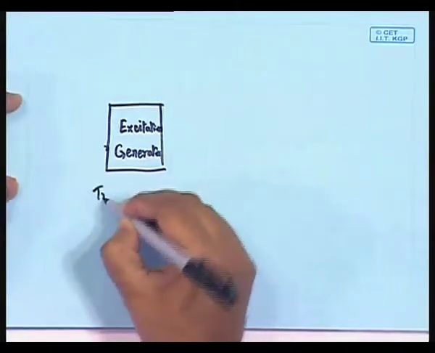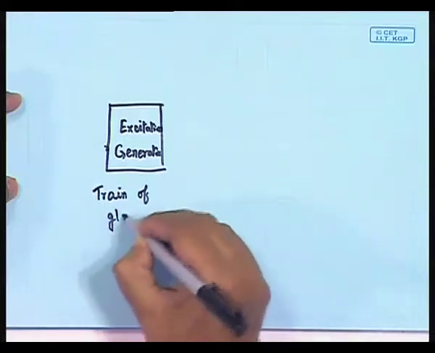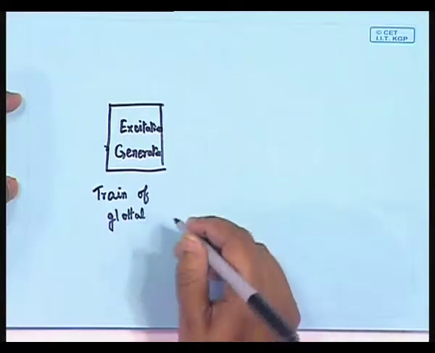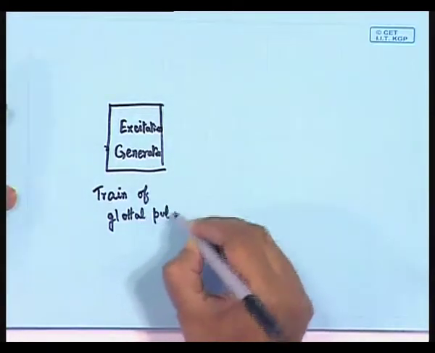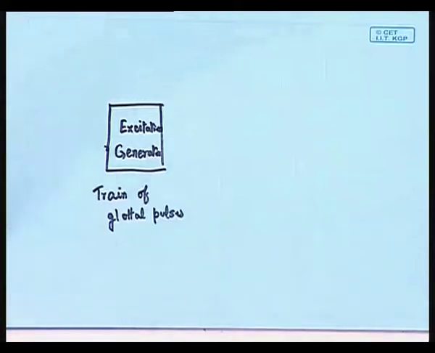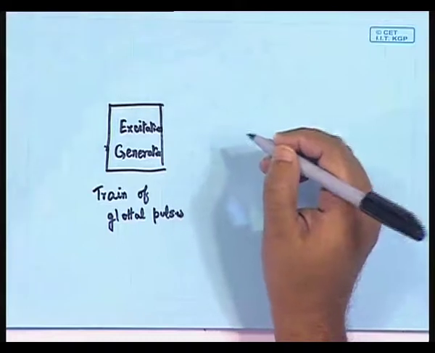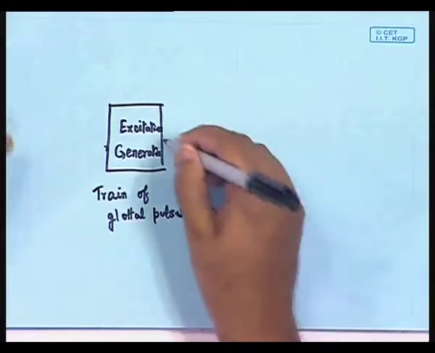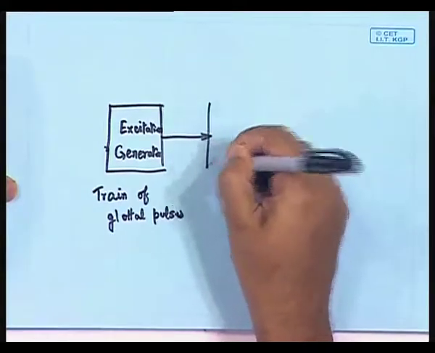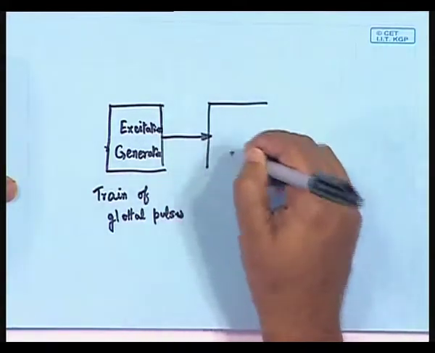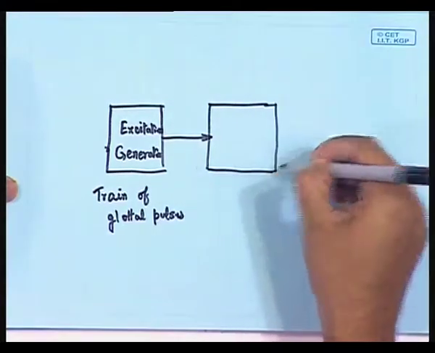One is that it produces a train of glottal pulses. Why train? Because as I was telling you, the glottal passage opens and closes quasi-periodically, so you will be producing a kind of train of glottal pulses, okay. And at times your excitation generator is just a noise generator, and then the signal that you are producing, the pulses that you are producing, goes to the vocal tract.